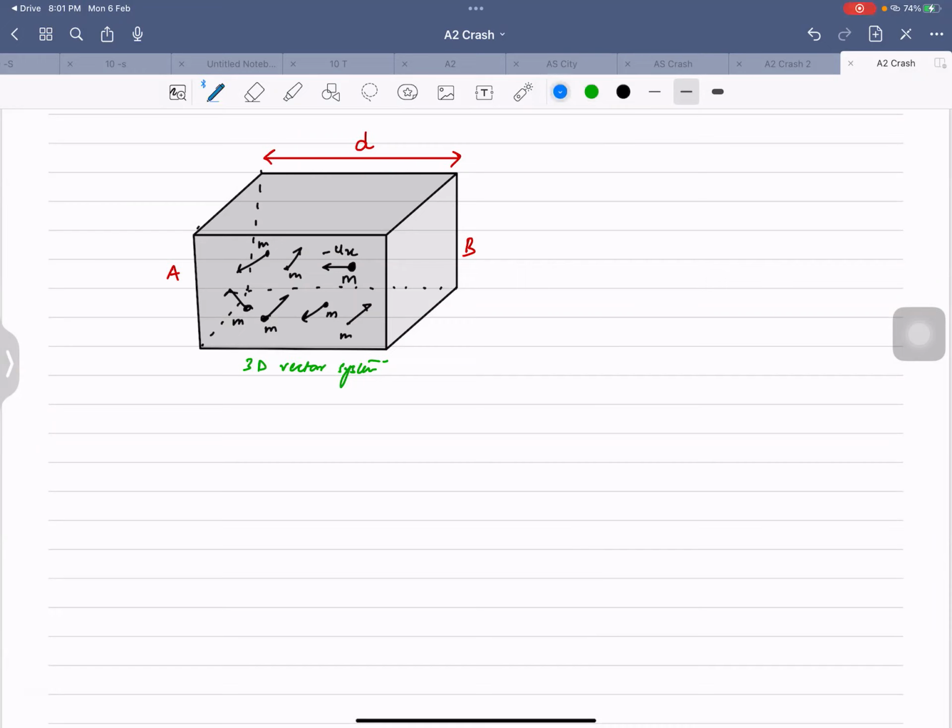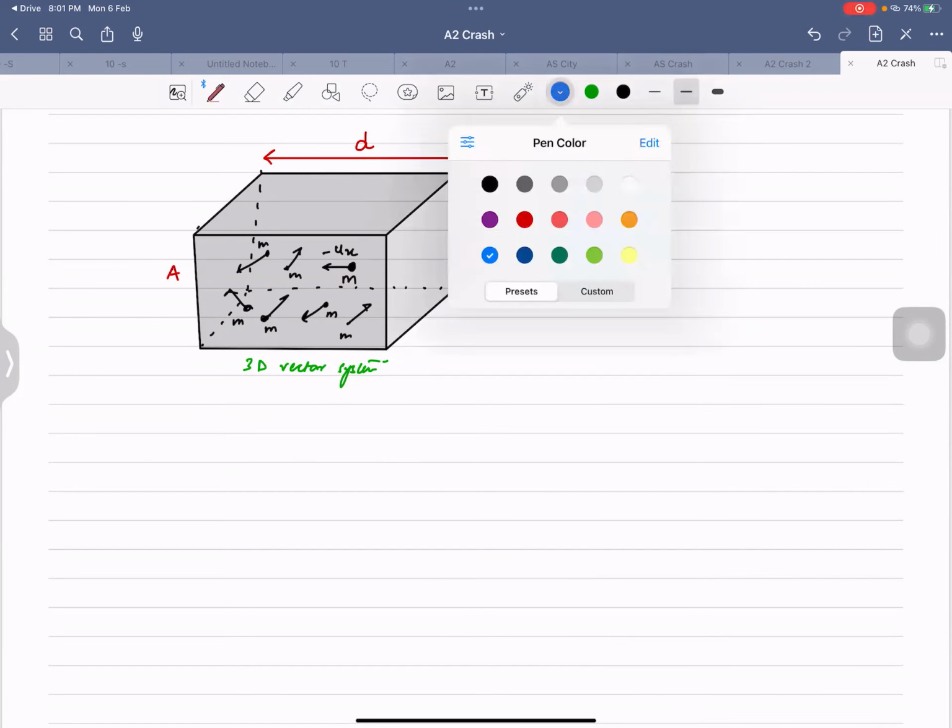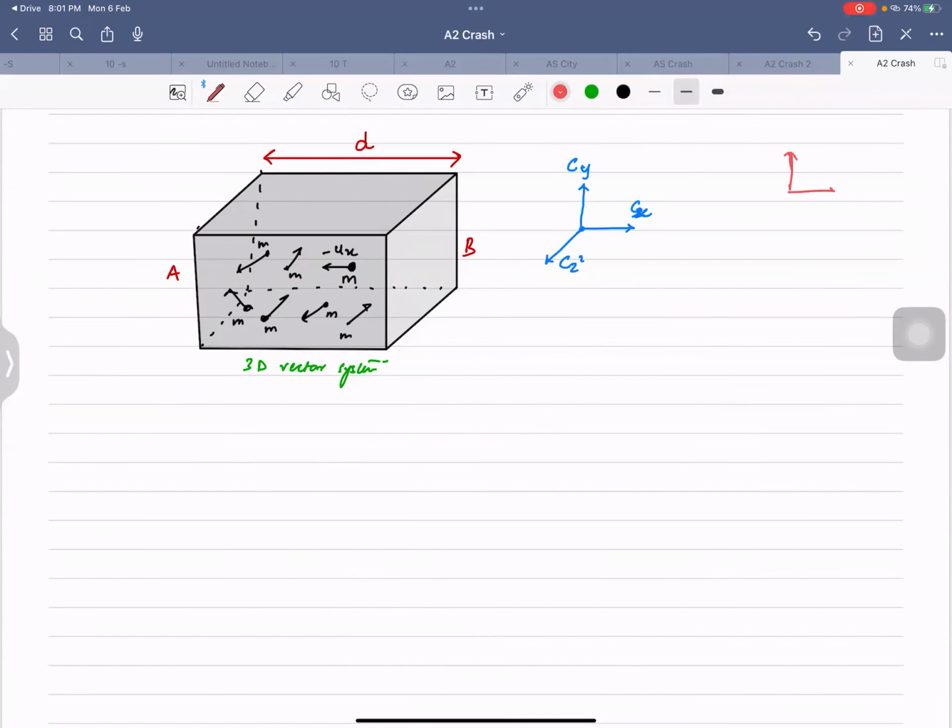Suppose there is the speed of a particle in the x direction, y direction, and z direction. Previously in AS, you might have learned that when there were two vectors at 90 degrees to each other, y and x, you would simply use Pythagoras theorem. So you do y squared plus x squared, and you get the resultant. Remember?